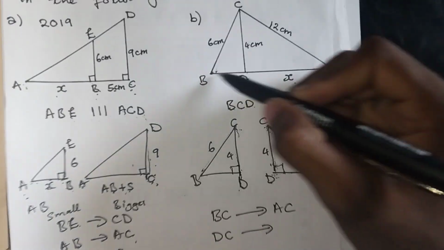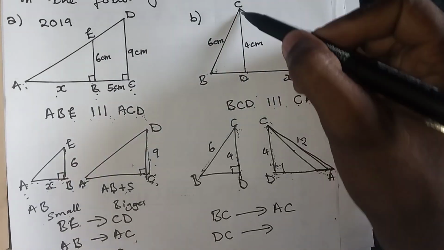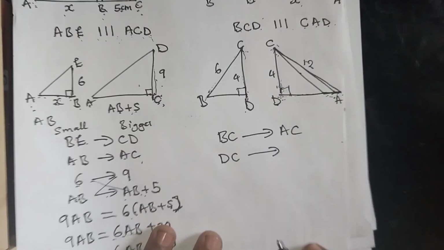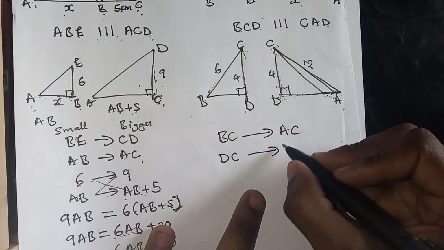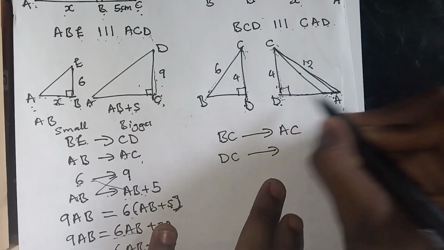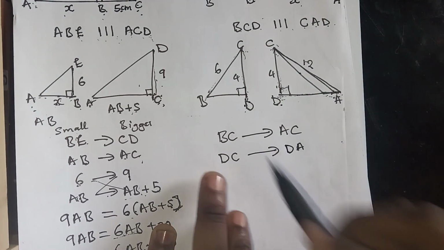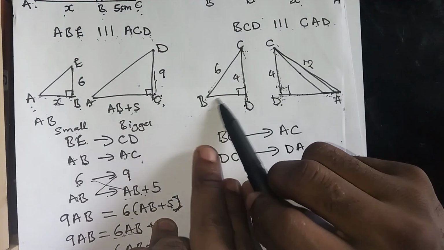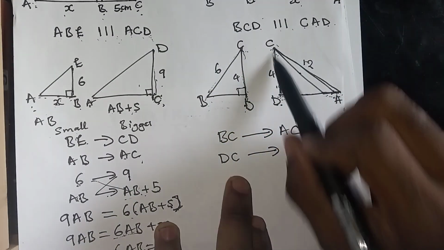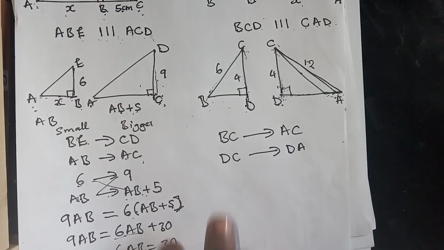So on this triangle, this is the second longest side, and on this triangle, this is the second longest side. So CD is related to DA, which is what we are trying to find. If this one was required, you would relate it to DC, because this is the shortest side here, and so is this one here.